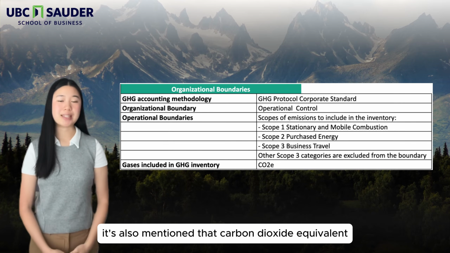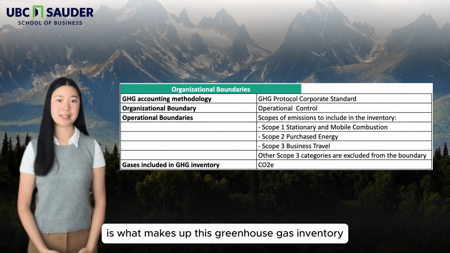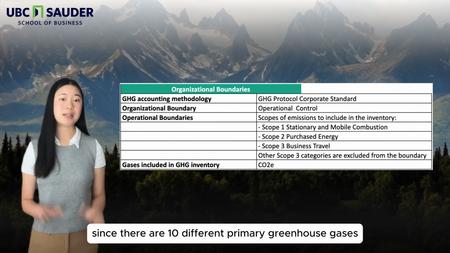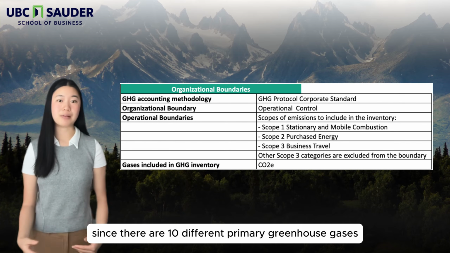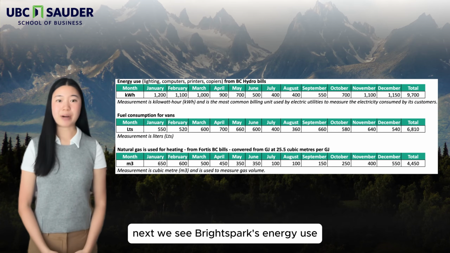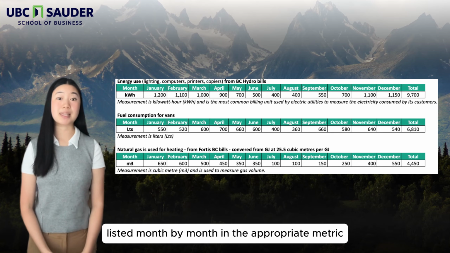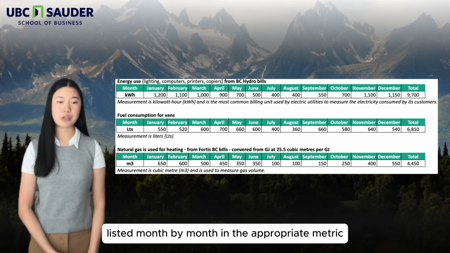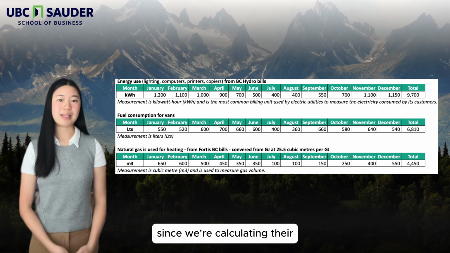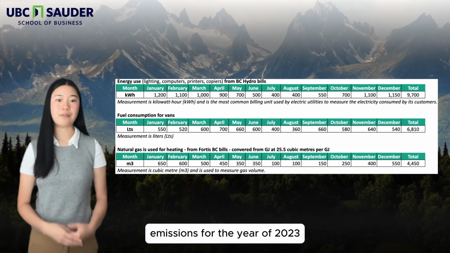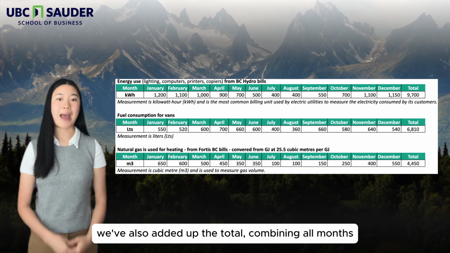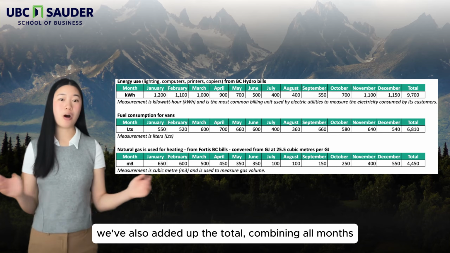It's also mentioned that carbon dioxide equivalent is what makes up this greenhouse gas inventory, since there are 10 different primary greenhouse gases. Next, we see BrightSparks energy use, fuel consumption, and natural gas bills listed month by month in the appropriate metric. Since we're calculating their emissions for the year of 2023, we've also added up the total combining all months.